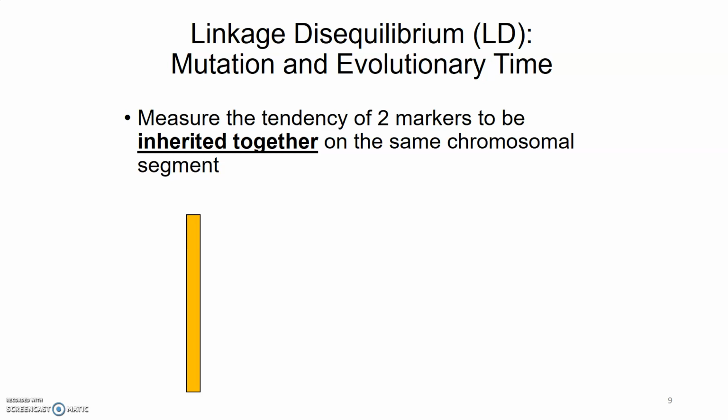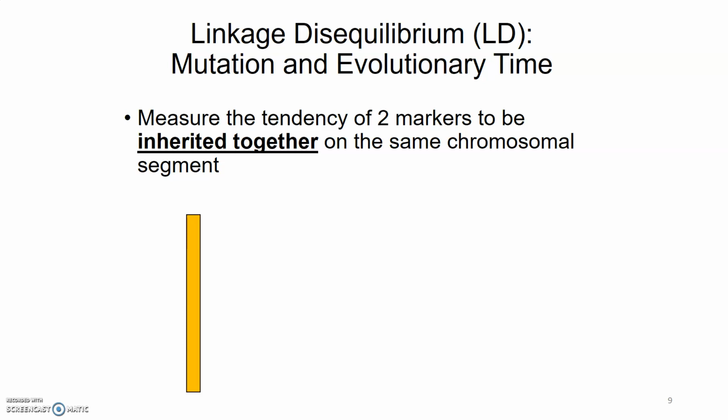What makes these GWAS go, in a sense, is this statistical concept called linkage disequilibrium. What I really want us to understand, in a very basic sense, is that it's a measure of the tendency of two genetic markers to be inherited together on the same chromosomal segment.